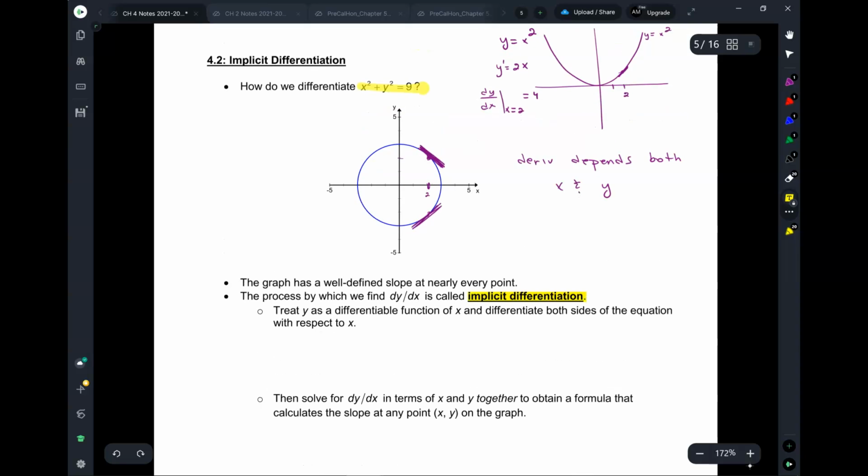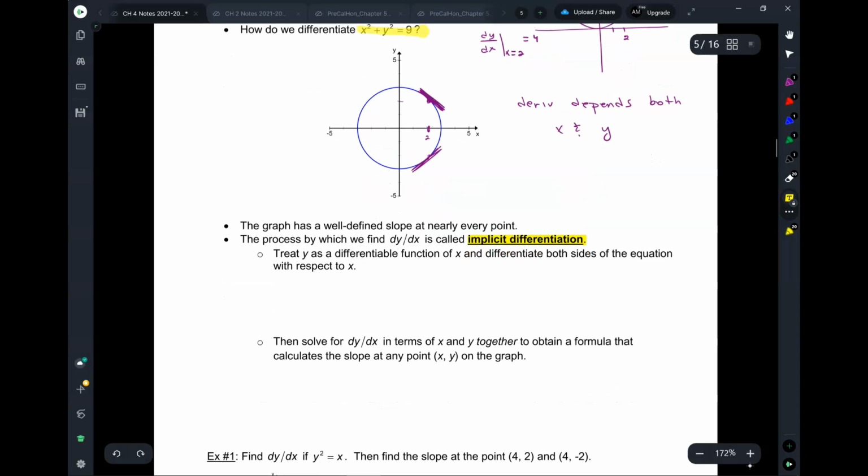If I just have y equals x squared, I have y explicitly written in terms of x. Y can be expressed in terms of x explicitly. But here, everything cannot be defined just in terms of x. It's implicitly x and y included.